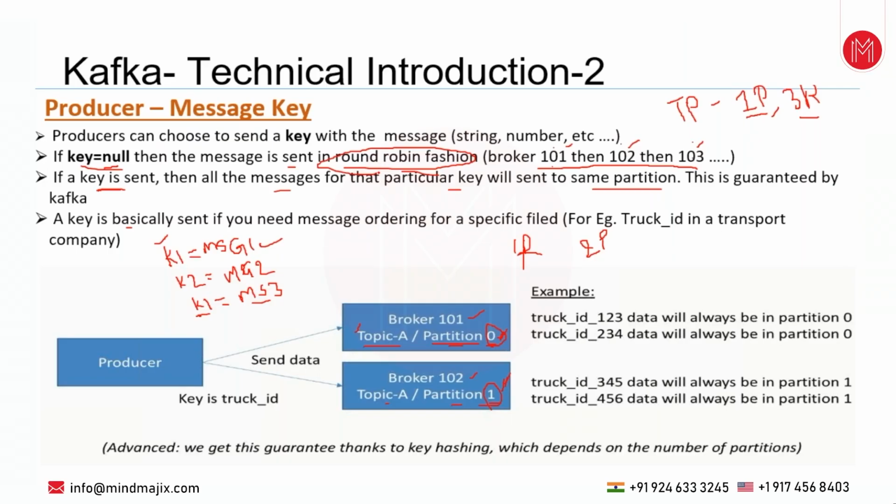The simple logic is, initially with that particular key, that message went to which partition? All the messages respective to that particular key will go to the same partition. Let's assume there is a message number 4 with K2, and already a message with the same key has gone to partition 1.